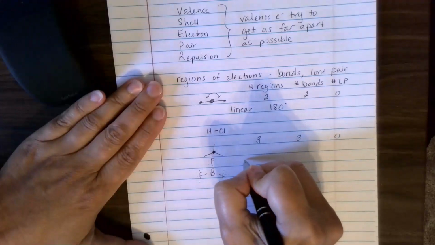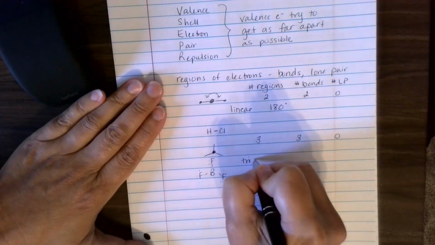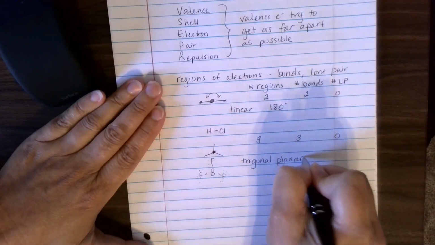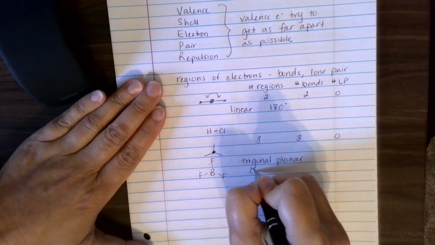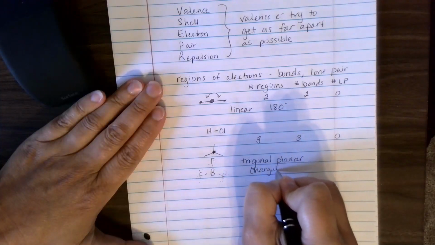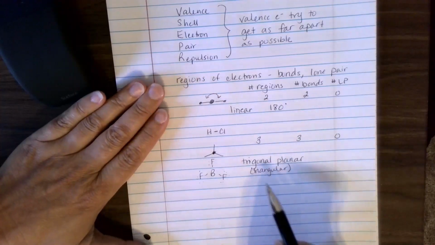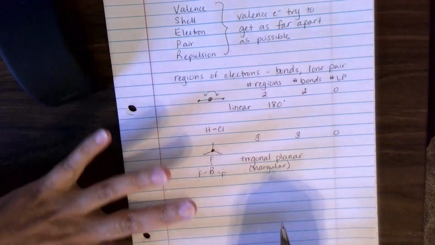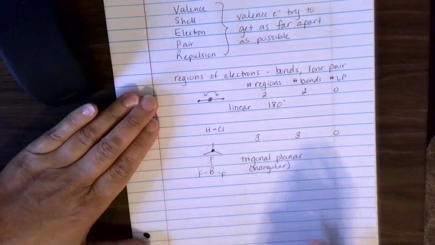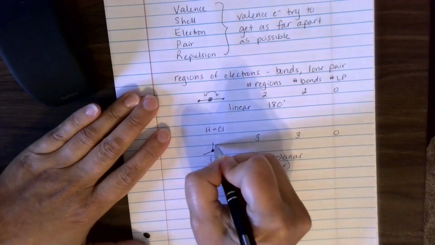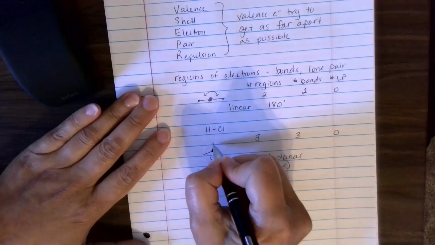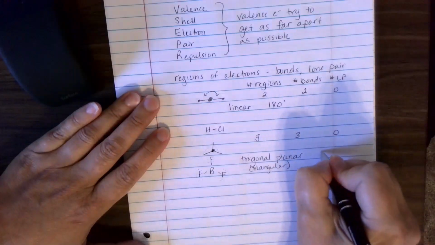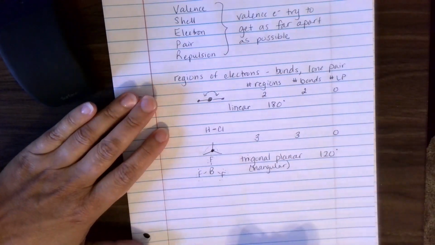Okay, we're going to call this shape trigonal planar. Or sometimes it's called triangular planar, depending on the book. Okay, but it looks like a triangle, and it's all flat, lays flat. So that's why it's called planar, because everything lies in the same plane. And since there's three regions, we have 360 degrees in a circle, divided by 3 would get me bond angles of 120.